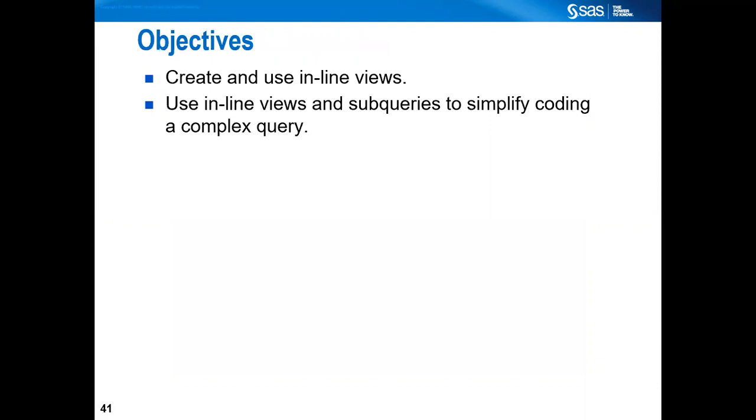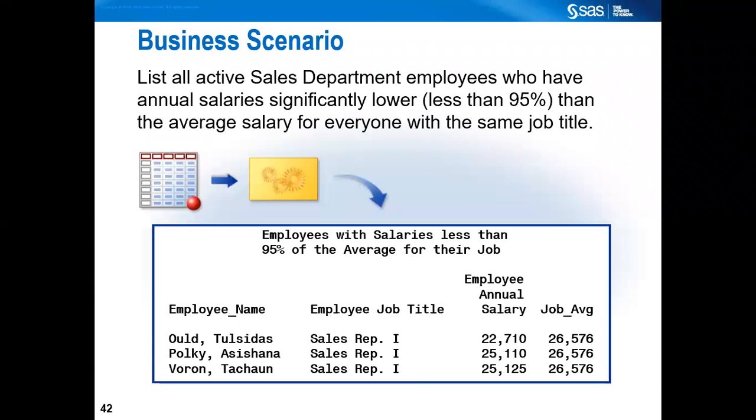We'll create and use inline views, and we'll use inline views and subqueries to simplify coding a complex query. List all active sales department employees who have annual salaries significantly lower, less than 95%, than the average salary for everyone with the same job title.